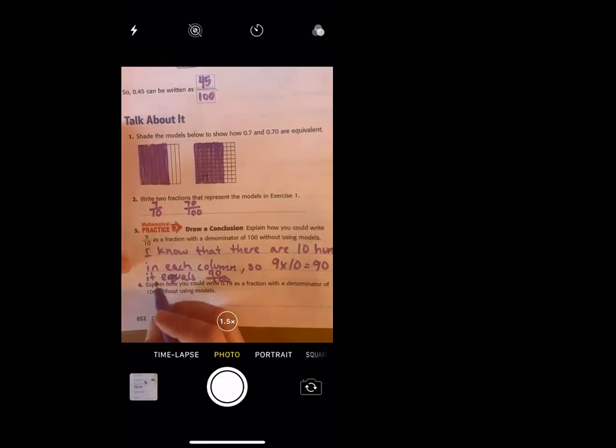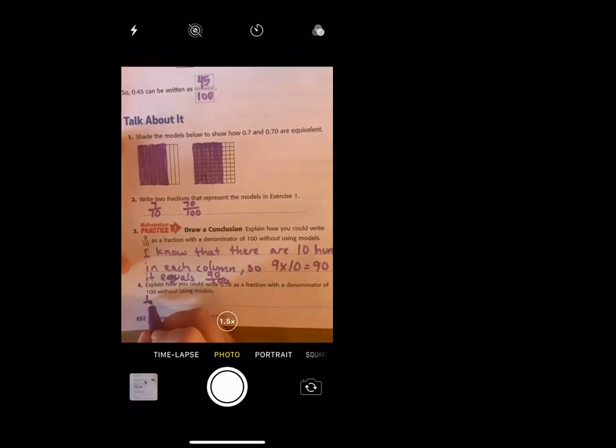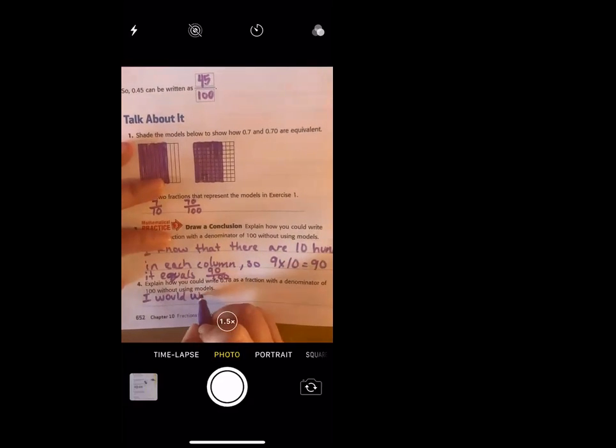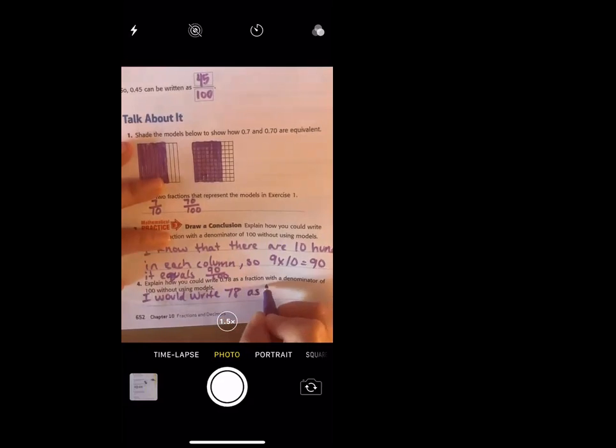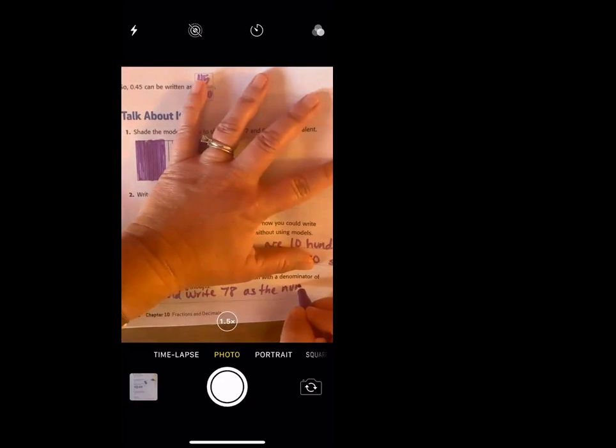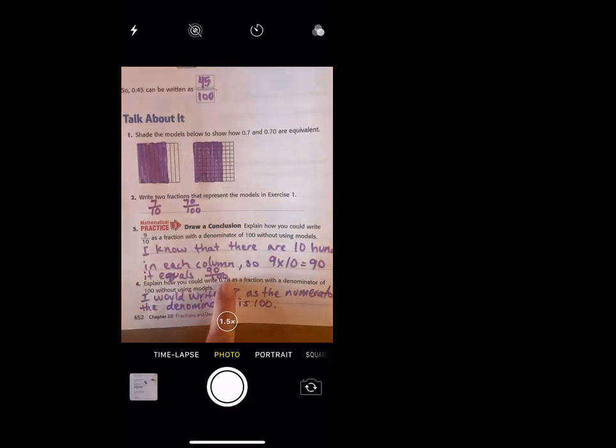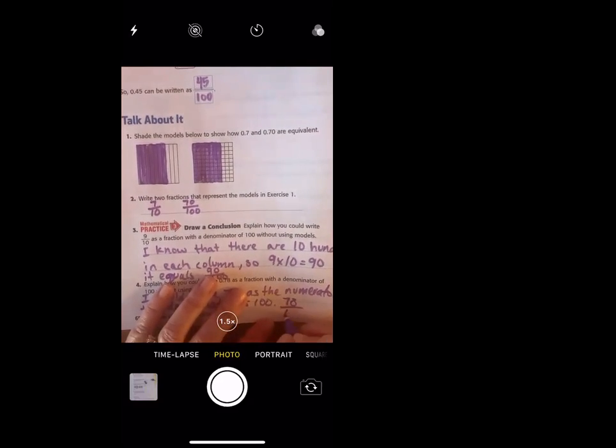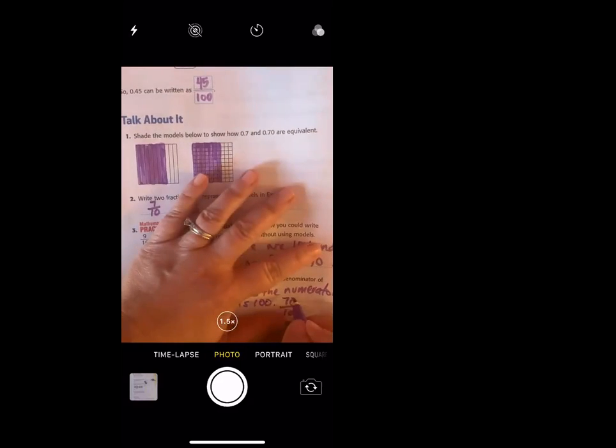Well, what I would do is I would write 78 as the numerator, and the denominator is 100, because 78 parts would be the numerator, and then out of 100 parts would be the denominator. So it would be 78 hundredths.